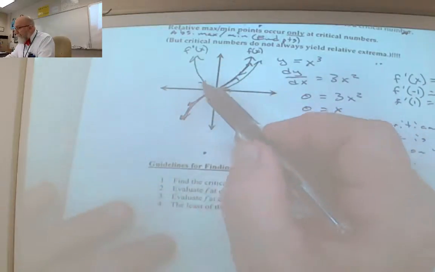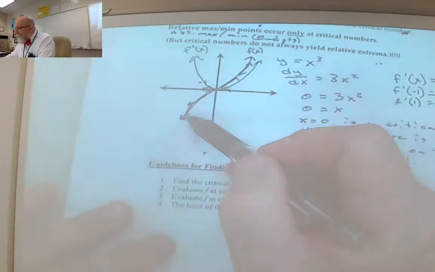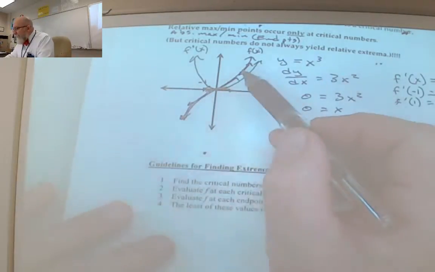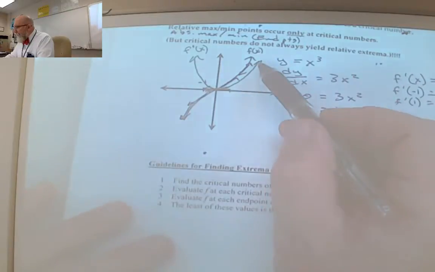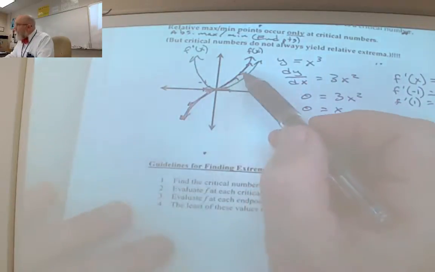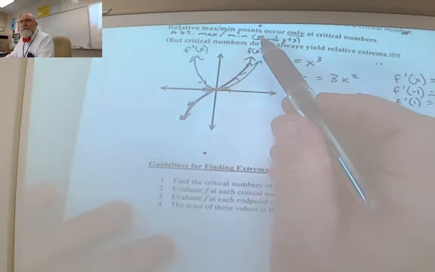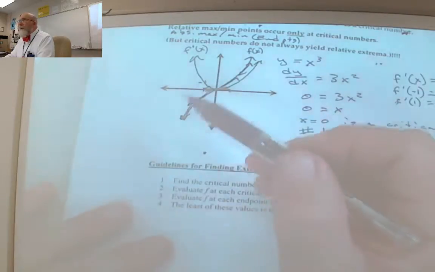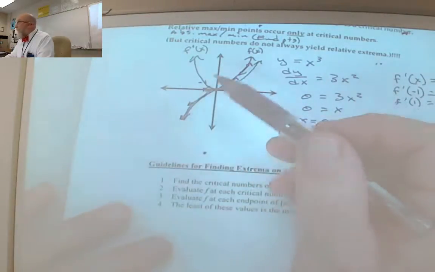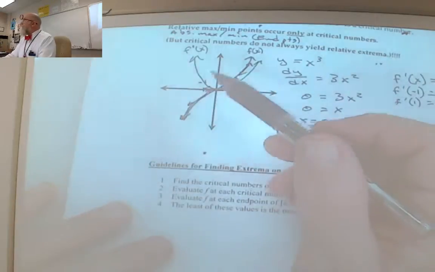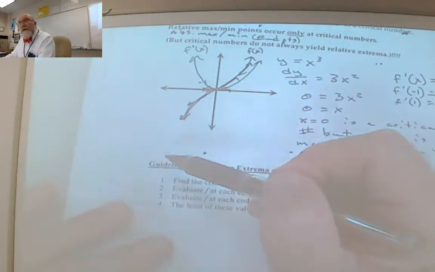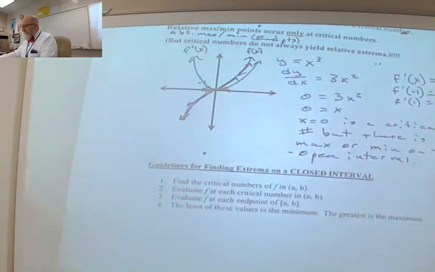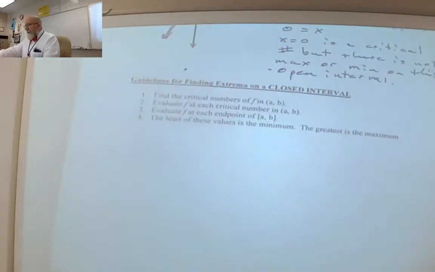This derivative has to be above the x-axis because this function is increasing. So wherever the derivative is above the x-axis, the function is increasing because the derivative is positive. Where the derivative is below the x-axis, it's negative, isn't it? My function has to be decreasing.